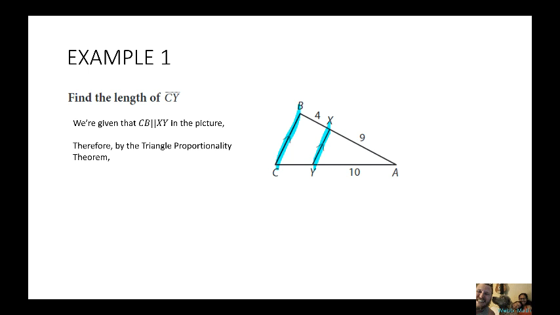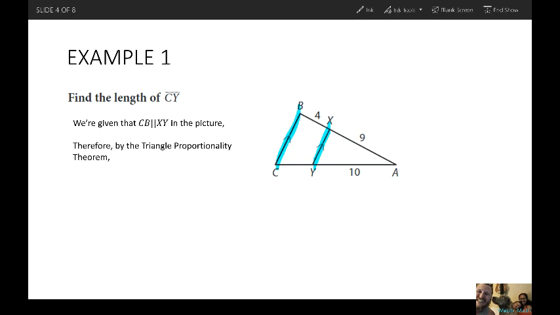Therefore, by the triangle proportionality theorem, you should be able to say that, and we're looking for CY, that CY is proportional to BX, and that should equal the proportionality of AY to AX. Okay, so you should be able to do that.